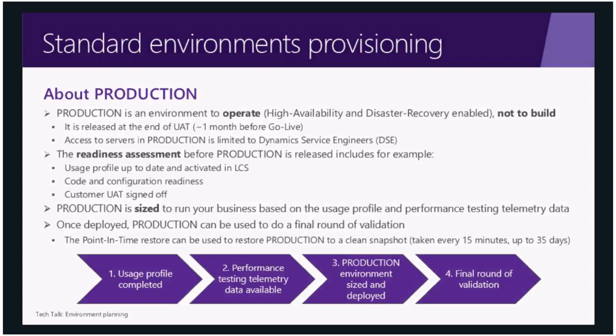The sizing is based on the usage profile and the performance testing telemetry data. The combination of the two will allow Microsoft to size the environment so that it can handle the workload of your business whenever it's reaching the peak.